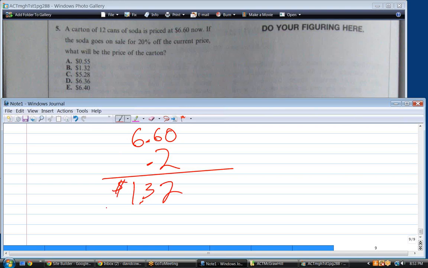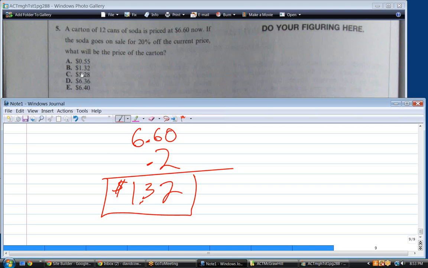So what's the price of the 12 cans of soda going to be? How did you get the $1.32? By multiplying 0.2, which is 20%, times 660. In other words, this is the discount. So that's 660 minus that discount, which gives you 528.